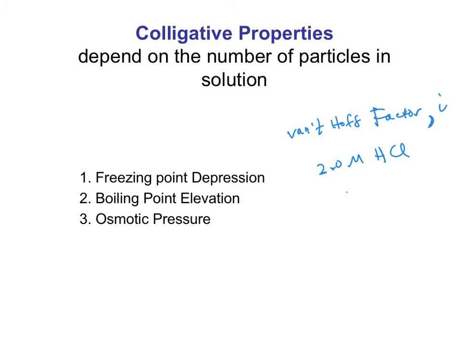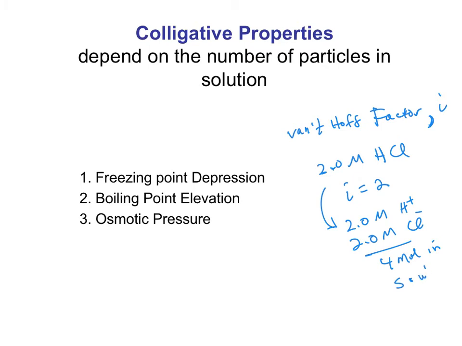We say that this molecule has a Van 't Hoff factor of 2 because the molecule of HCl dissociates into 2 ions. So when you dissolve this in water, you have 2 molar H plus and 2 molar chloride. So in 1 liter, you have 2 moles of H plus and 2 moles of chloride, so a total of 4 moles in solution.